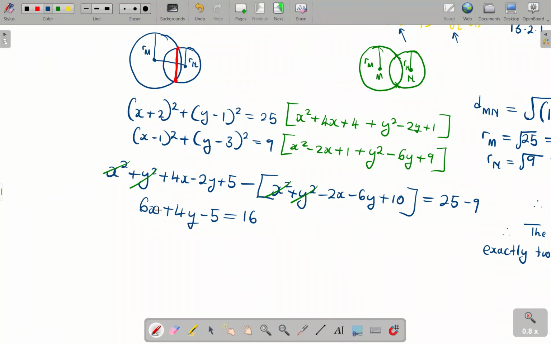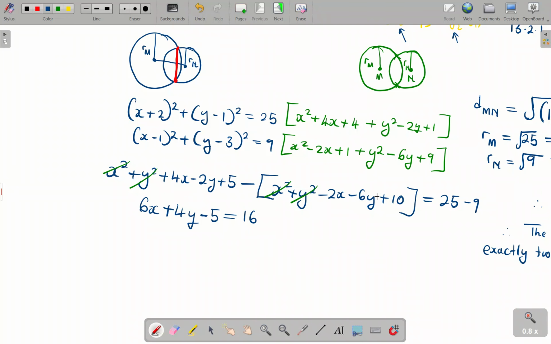We have 6x, we have 4y. So what can we do now in this situation? First, let's check if we subtracted correctly.